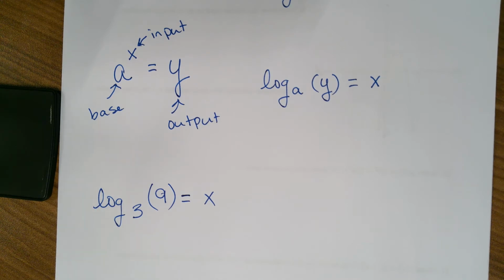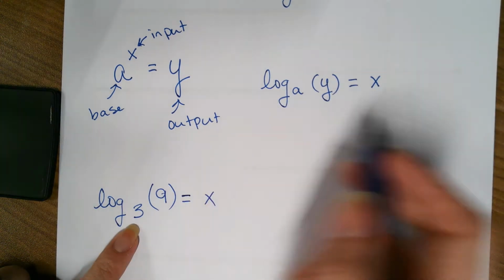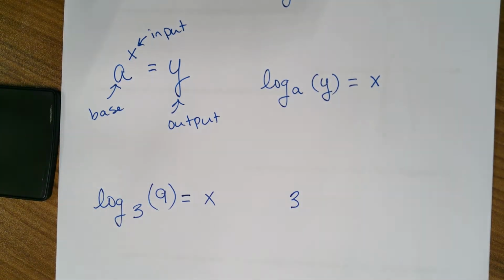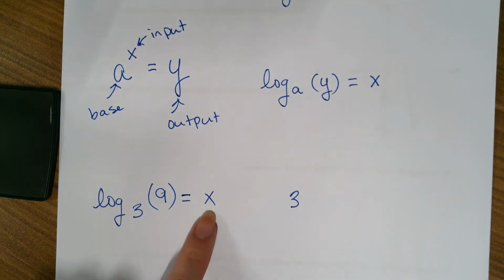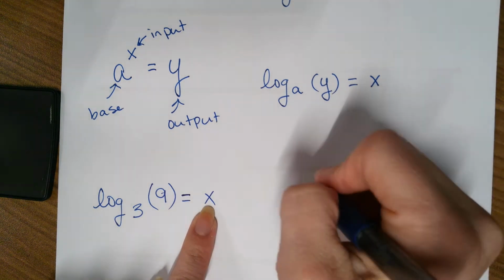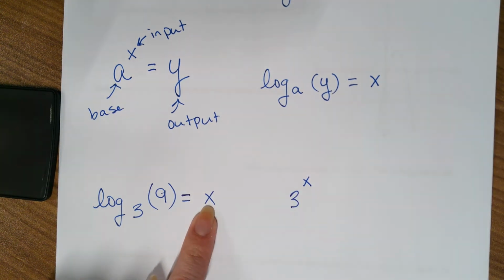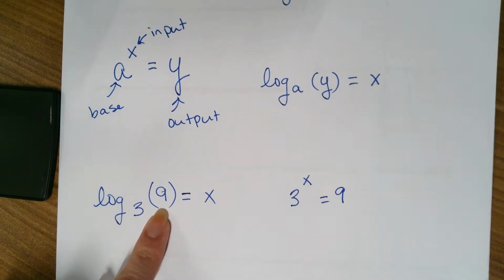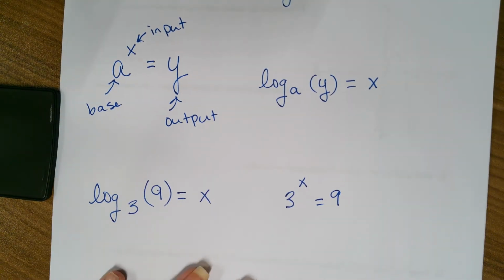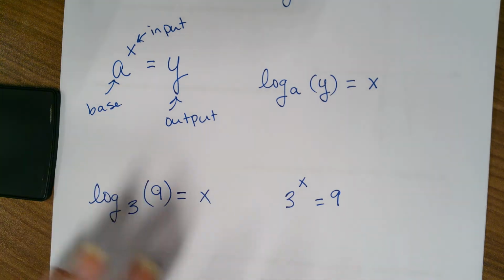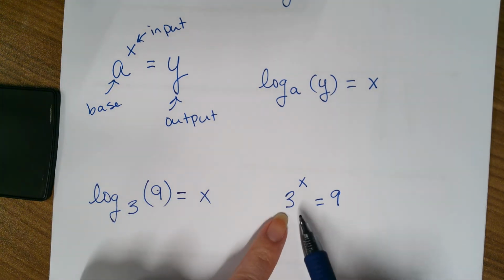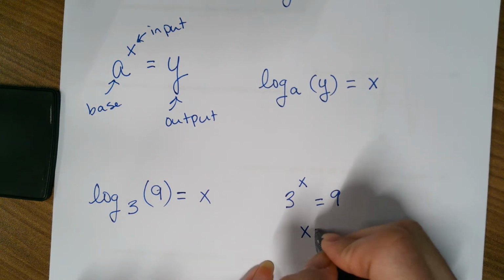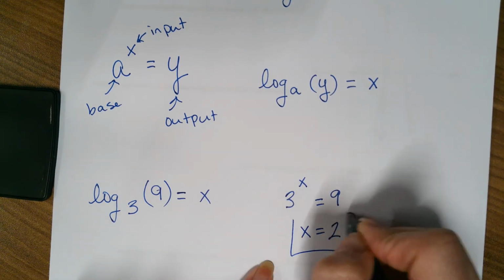So to rewrite it in the exponential form, remember our base will still be the same, so I have 3. And now my input and my output swap. So the output for the logarithm is x, so the input will be x. And the input for the logarithm is 9, so the output will be 9. And now we have the equation in exponential form, and we can ask ourselves, 3 to what power would give me 9? And the answer is 2.